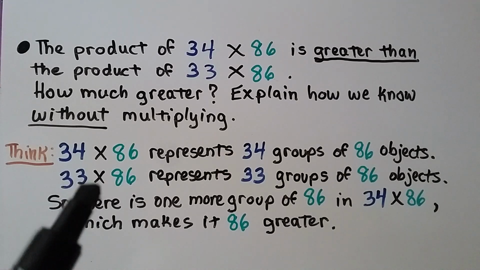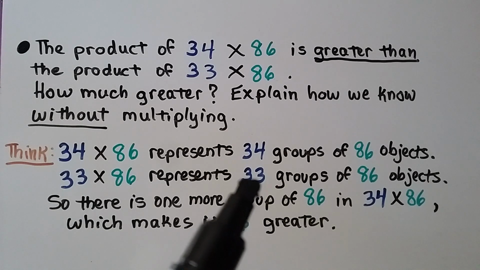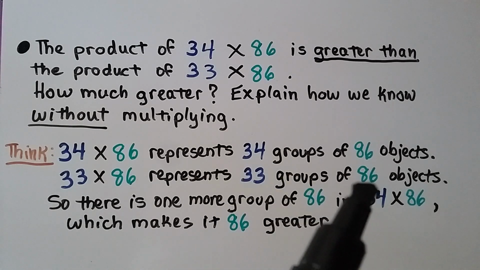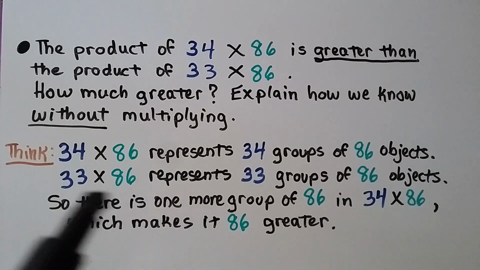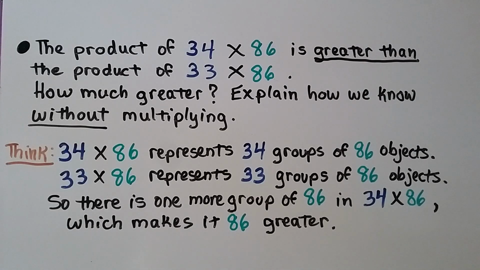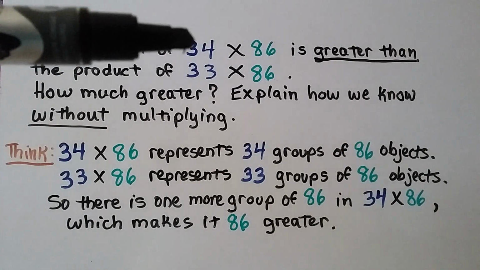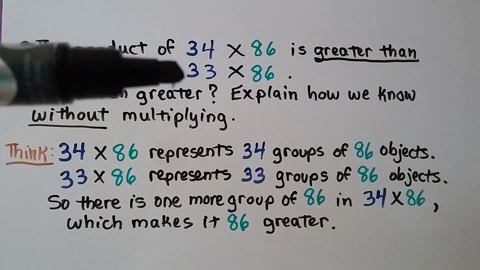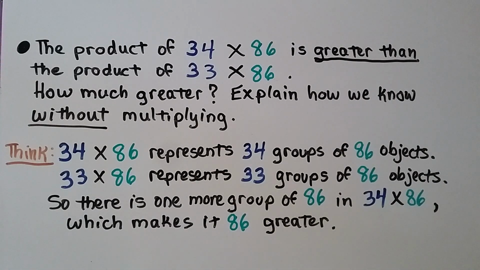And 33 times 86 represents 33 groups of 86 objects. So there is one more group of 86 in 34 times 86. That makes it 86 greater. So we know that this product is 86 greater than this product, and we didn't even need to multiply.